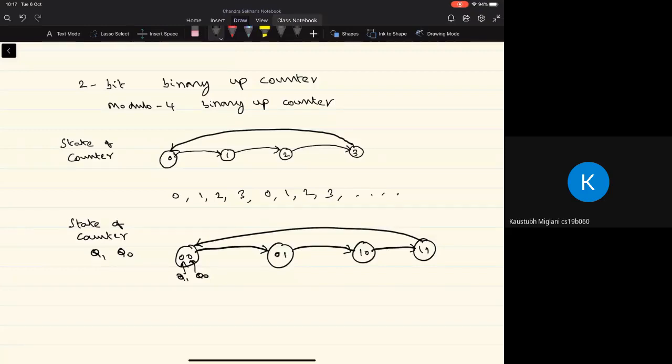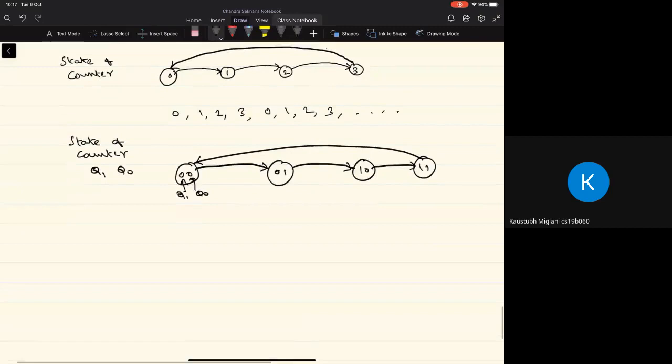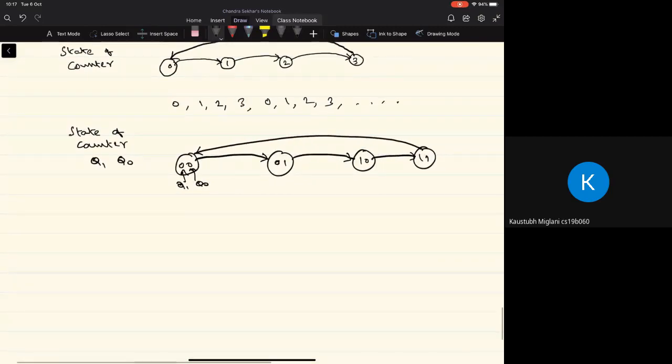So now let's see how to design this circuit. That is, how to come up with a circuit which will behave in this fashion, right? So we'll do it first for the circuit using the JK flip-flops. Once you understand the procedure, we can do it for the other types of flip-flops. So what is it we are saying? We want to use JK flip-flops.